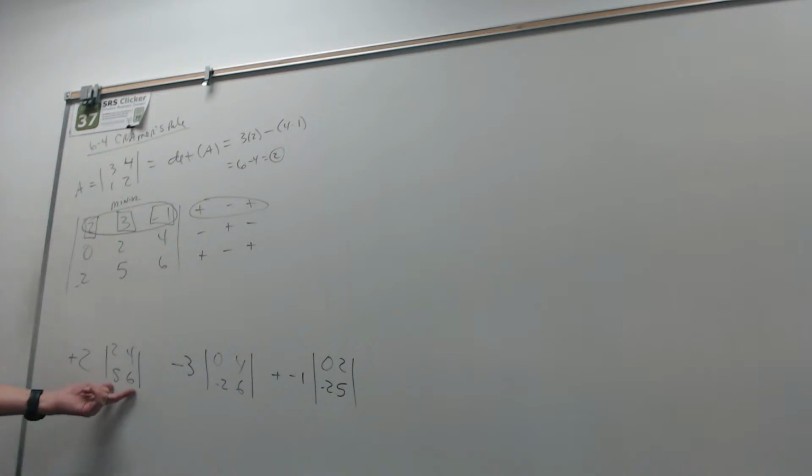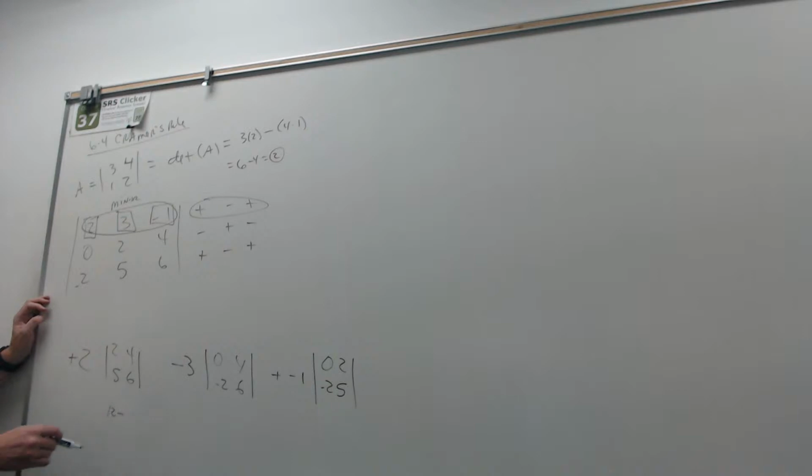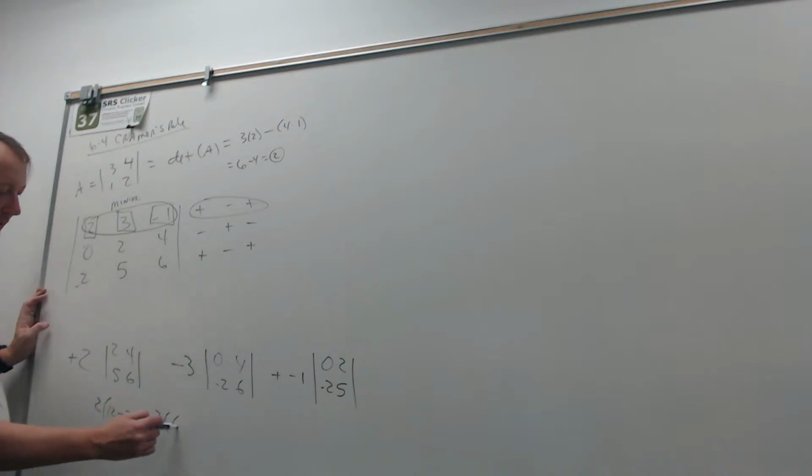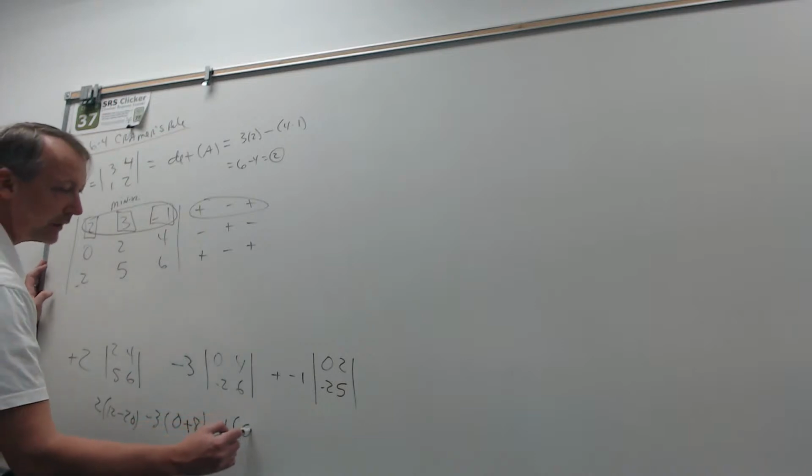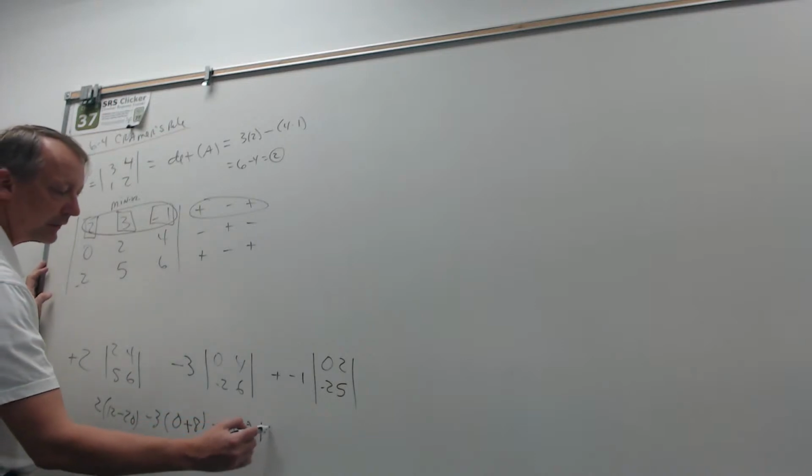Hunter, what is the determinant of this? So 2 times 6 is 12 minus 5 times 20. And I'm gonna multiply that by 2, right? Yeah. Okay. Minus 3 times 0, 0 minus -8. Minus 1 times 0, 0 minus -4.